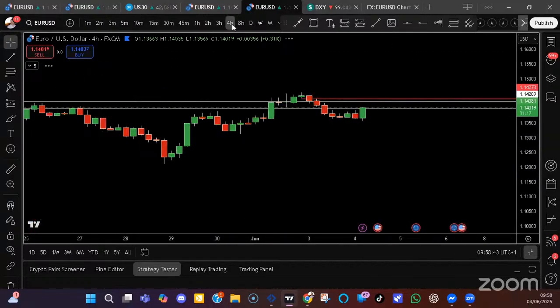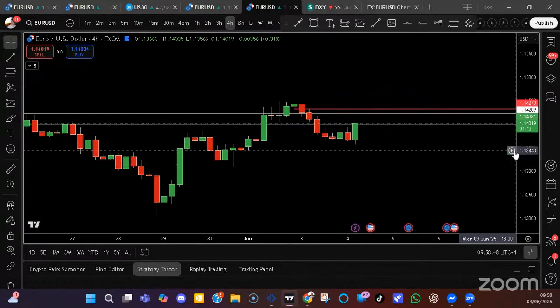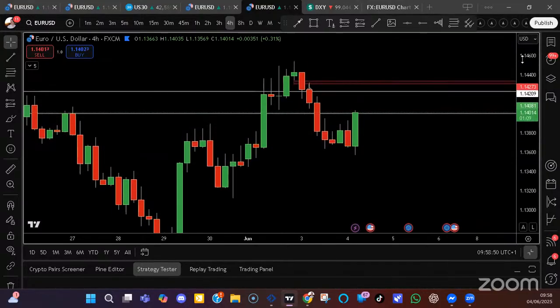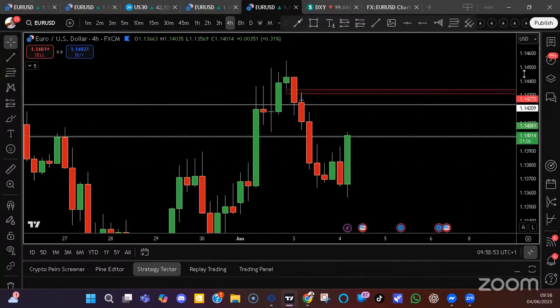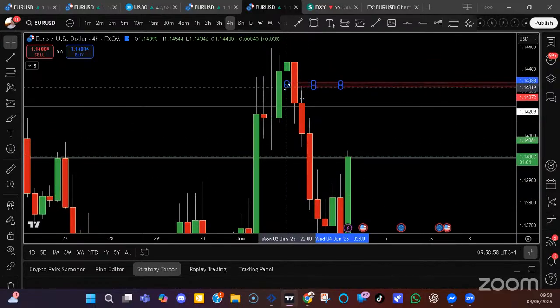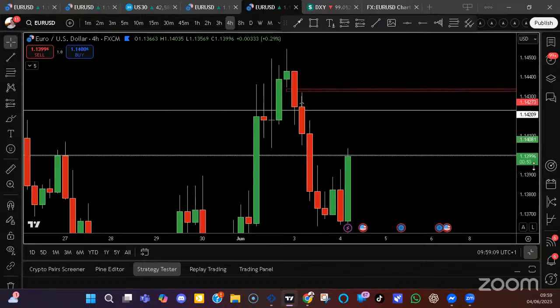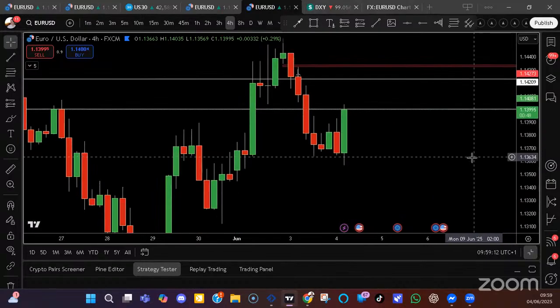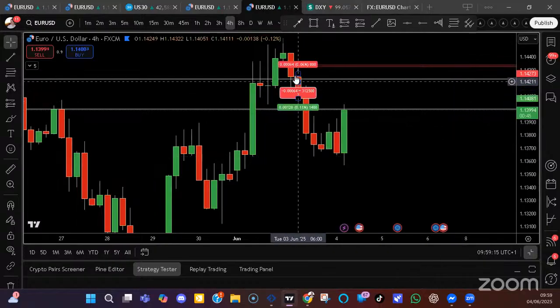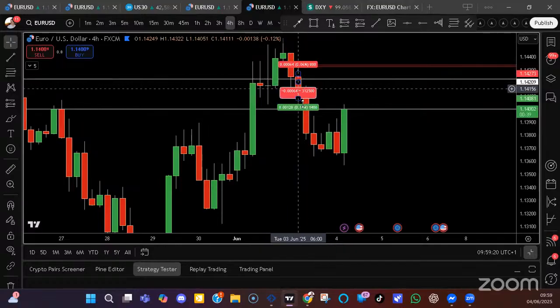But let's have a look at the 4 hourly and see if we can see any fair value gaps. There is a very small fair value gap just there that the price could be heading to, but because of the wick there and the wick there, that no longer is in balance.